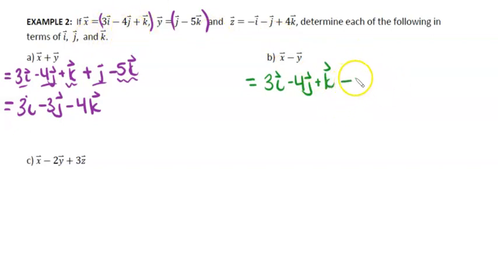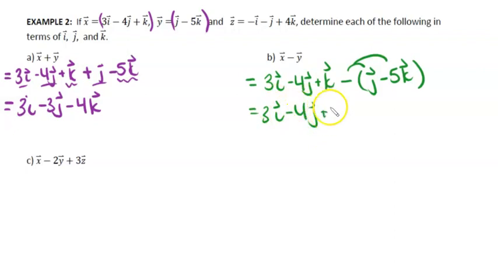Now we're going to go minus, but we're going to put vector y in brackets because this negative sign is going to apply to that vector y. So let's rewrite this. 3 vector I minus 4 vector j plus vector k minus vector j plus 5 vector k, right? Because when we have a negative sign here, we're just negating all of the signs.